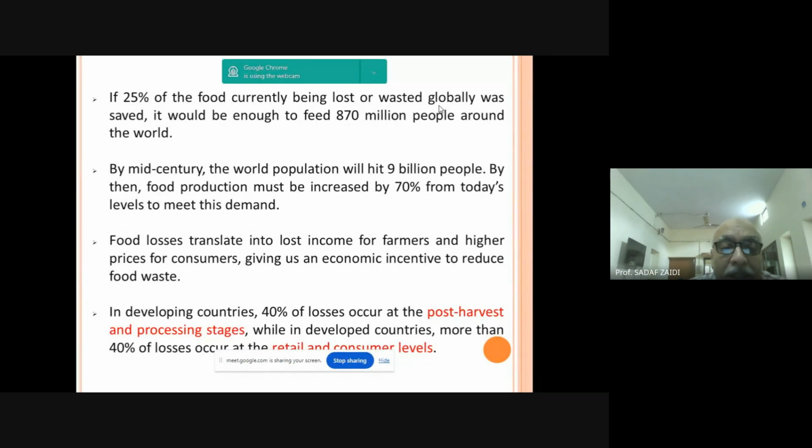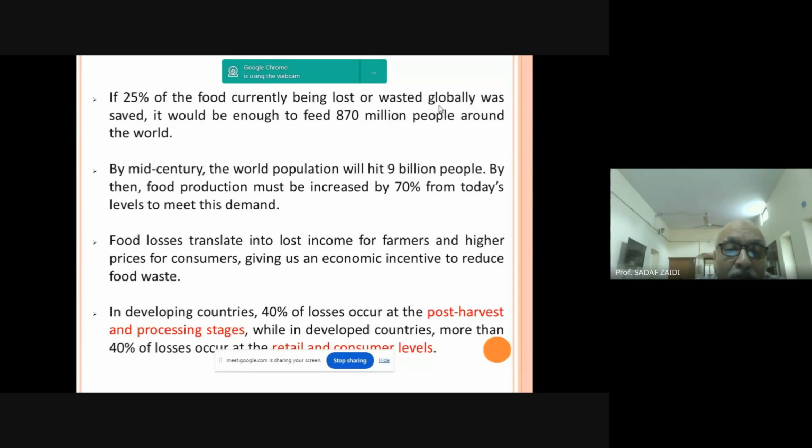So जब आप farmers, they will lose on the farm, तो वो क्या होगा? They will be bringing lesser amount of produce to the markets, so demand will be more and the prices will be high. So consumers have to pay more, farmers have to lose income, and so this is another incentive for preventing food loss.